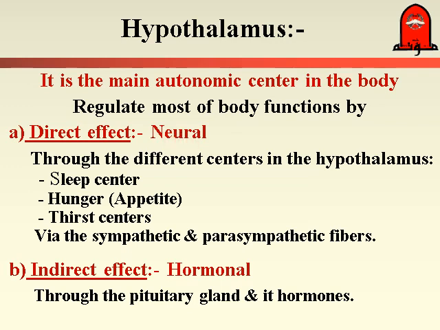This occurs because in the hypothalamus we have a sleeping center, hunger center, thirst center, many centers. Each one of them regulates certain functions of the body according to sympathetic or parasympathetic stimulation.